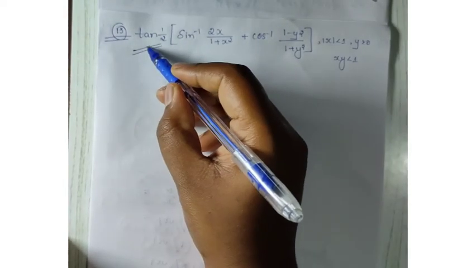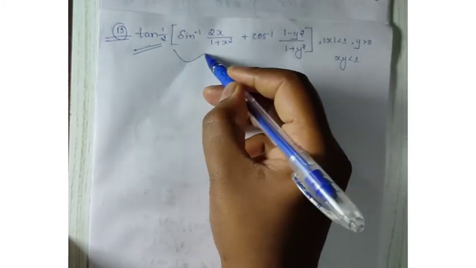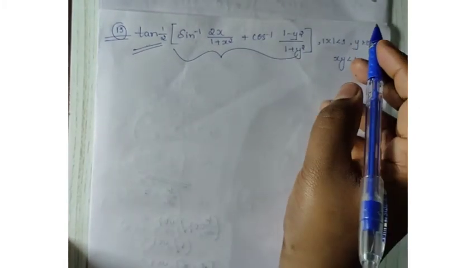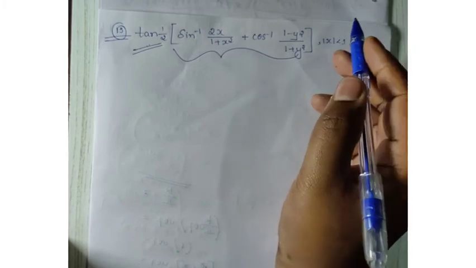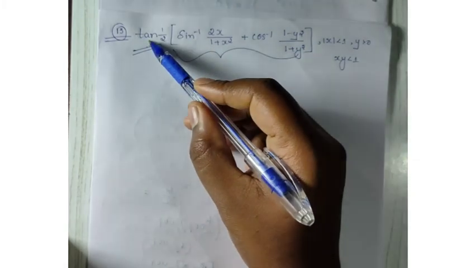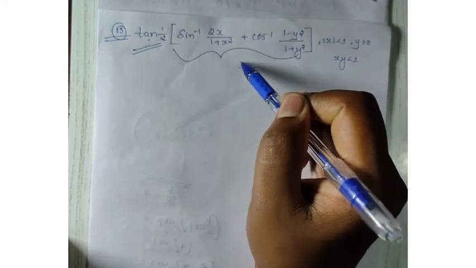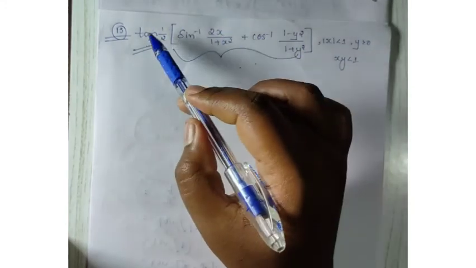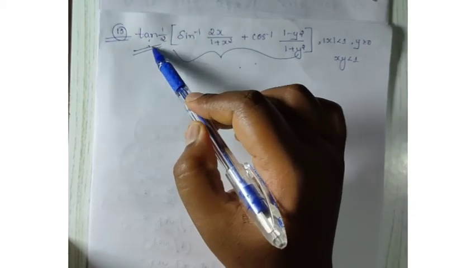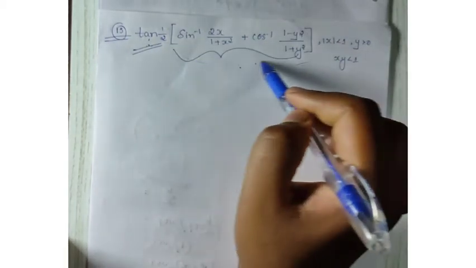Here there is tan, therefore you need to convert this term in the form of tan inverse. Okay, so the thing is alternative. Whenever there is tan inverse, you need to convert this term in the form of tan function, and whenever there is tan, you need to convert this term in the form of tan inverse.